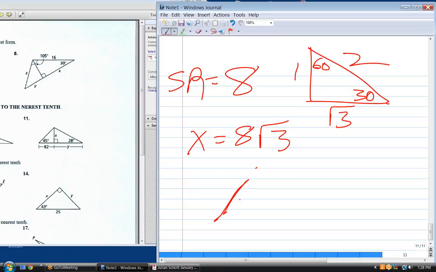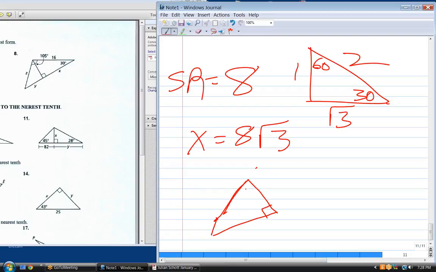Which is also a right triangle. Because if that's a right angle, that's a right angle. We know that that was 60, right? And they tell us the entire angle is 105.